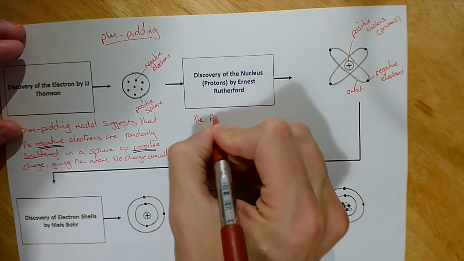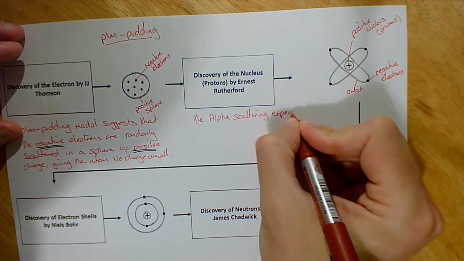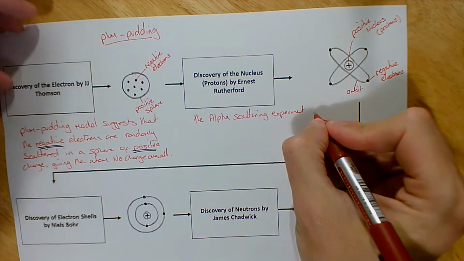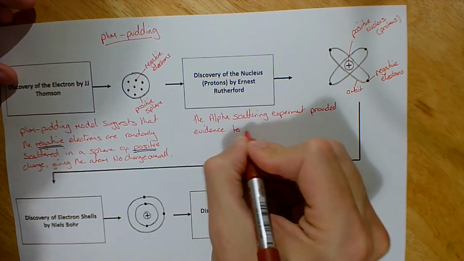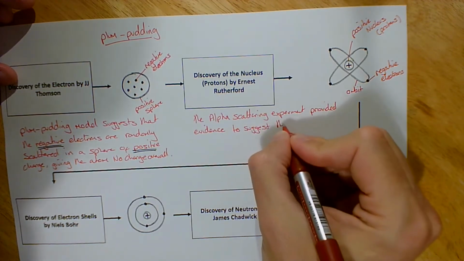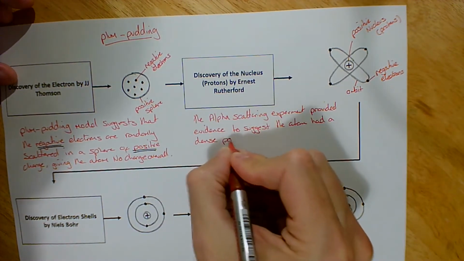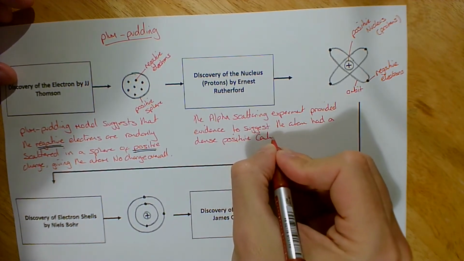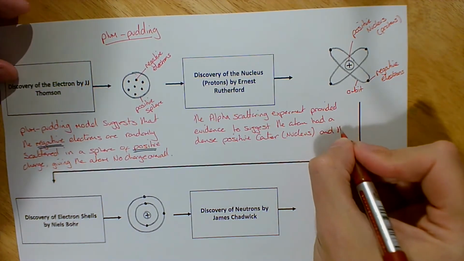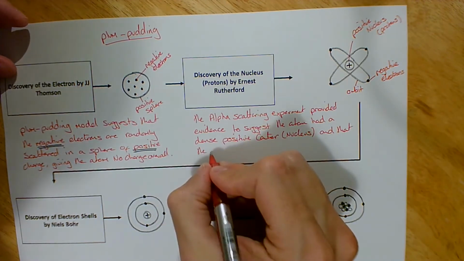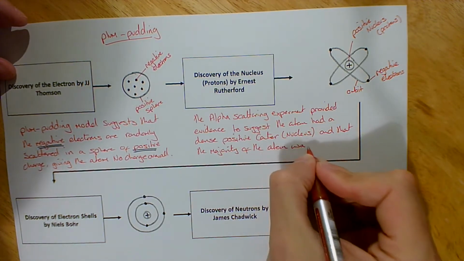So the alpha scattering experiment provided evidence to suggest the atom had a dense positive center, which was named the nucleus, and that the majority of the atom was empty space.